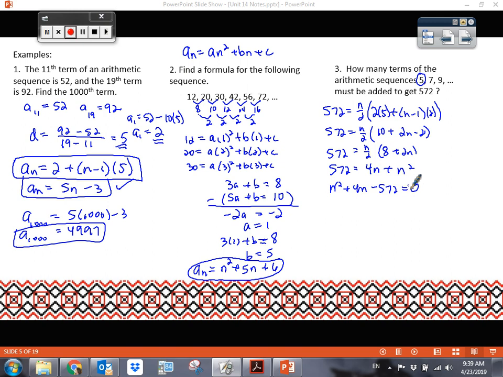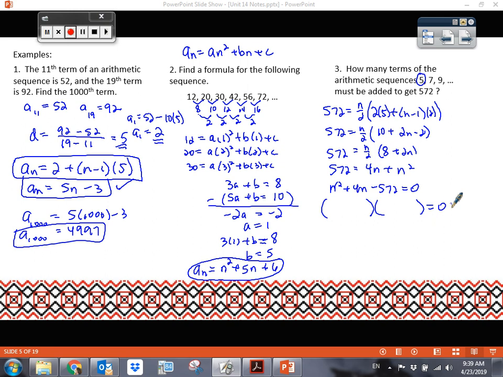And we look at that and we're like, oh my gosh, what in the world? But let me give you some comfort. n is an integer, and it actually has to be positive or 0. So it's going to be factorable. As weird as they may look, they're going to be factorable. You're thinking, oh my goodness, 572? It is factorable.